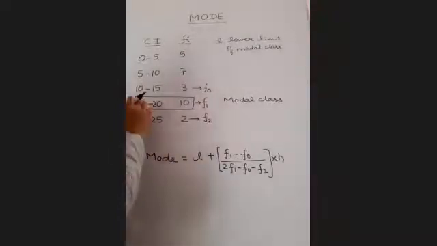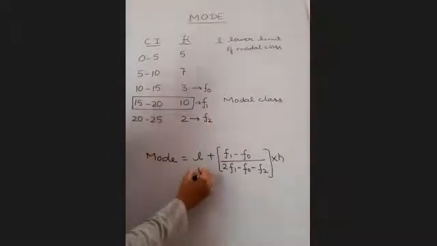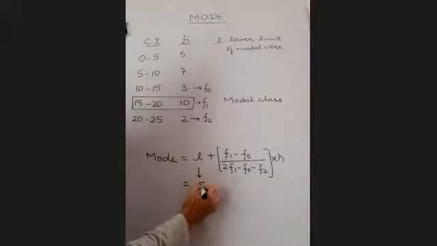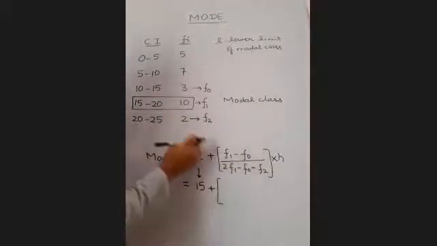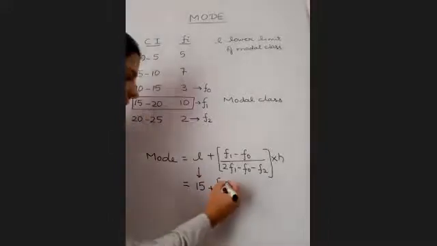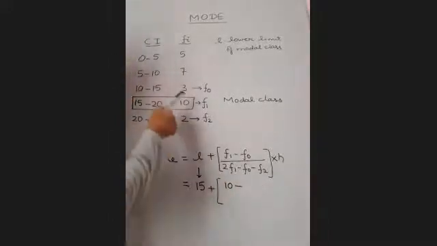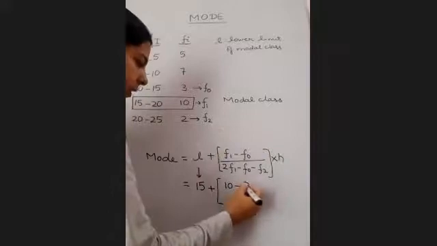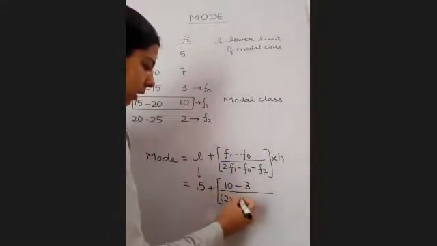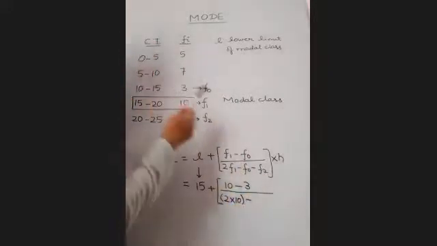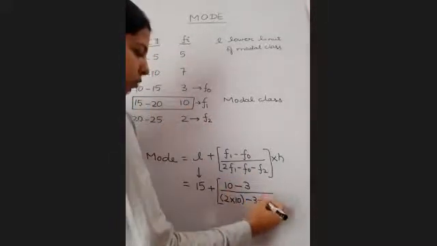Now what is the lower limit of the modal class here, children? 15. So in this case, your L is 15. Now what are F1, F0 and F2? F1 is 10, F0 is 3, so 2 into 10 minus 3, F2 is 2.